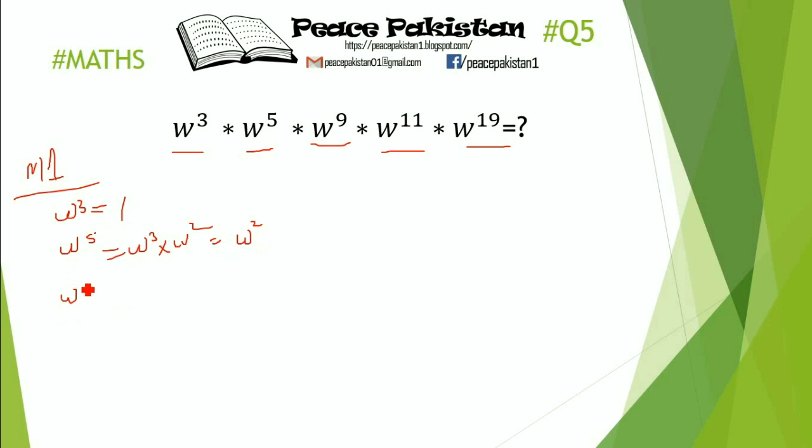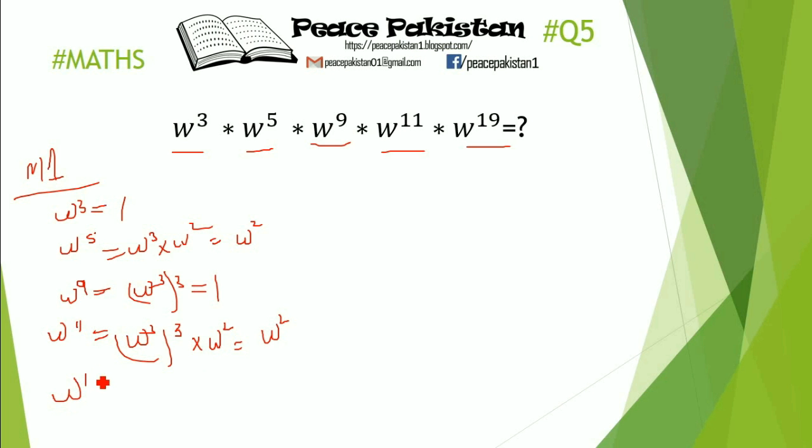Omega 9 equals omega cube whole cube, that is equal to 1. Omega 11 equals (omega cube) to the power 3 into omega square, that is 1 multiplied by omega square, that is omega square.